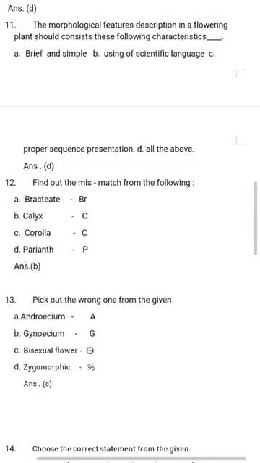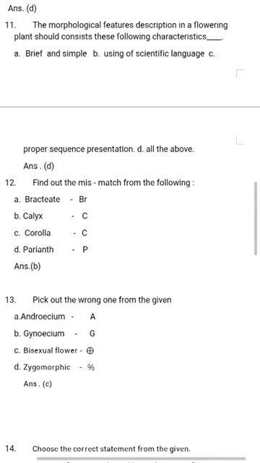Students, when we are describing the morphology of a flowering plant, we should follow exactly the A, B, C options. The morphological features should be indicated with different codes and symbols, so that it is brief and simple.